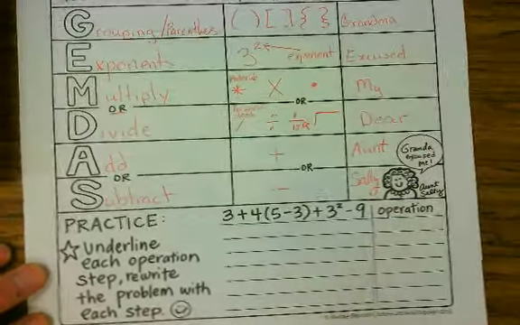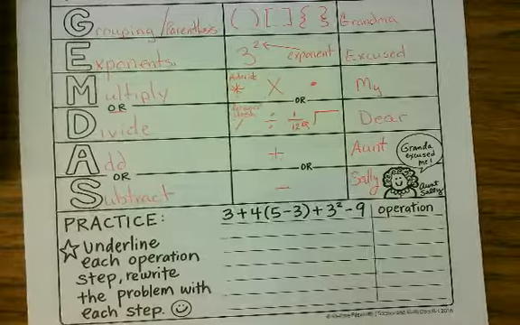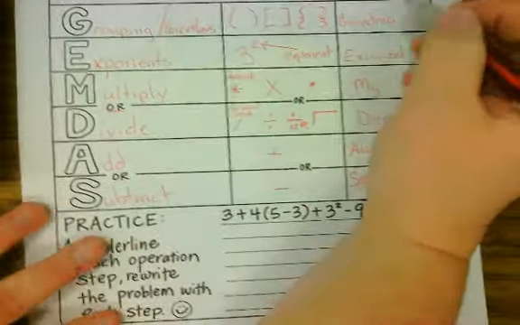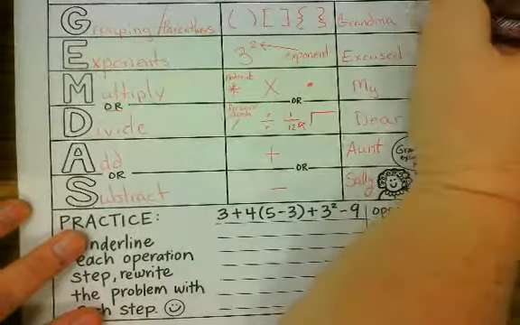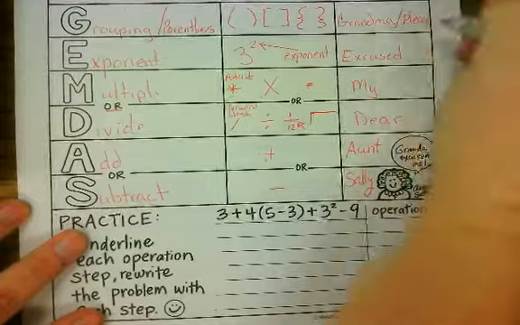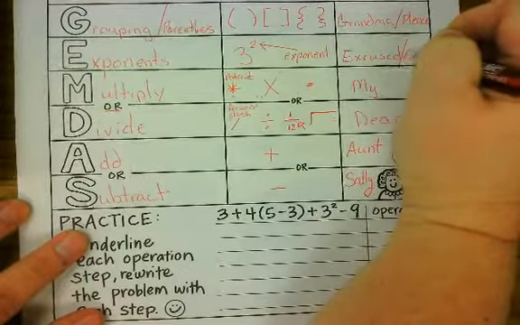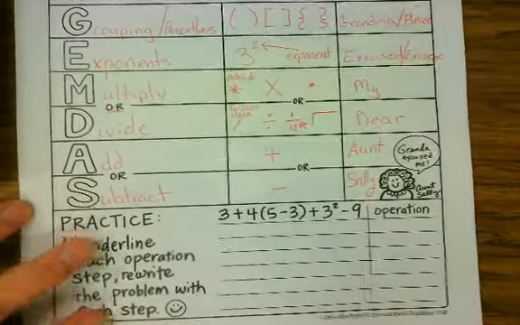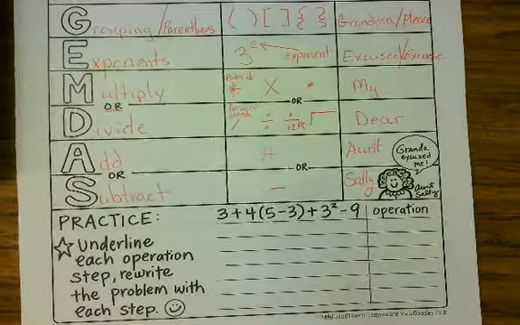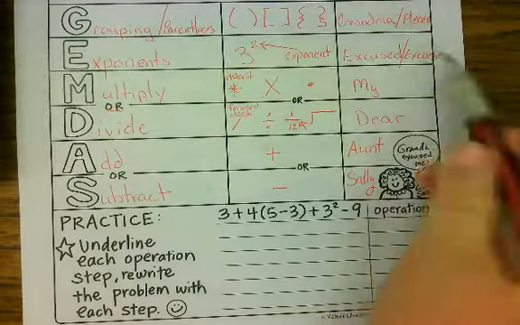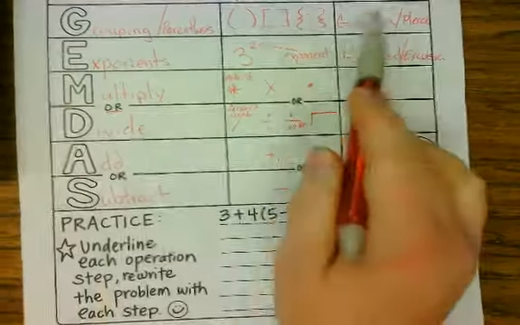Now, for me, I use parentheses, and this, of course, is please excuse my dear Aunt Sally. So it's just a little bit different. You know, if you want to use grouping and call it Grandma, that's fine.